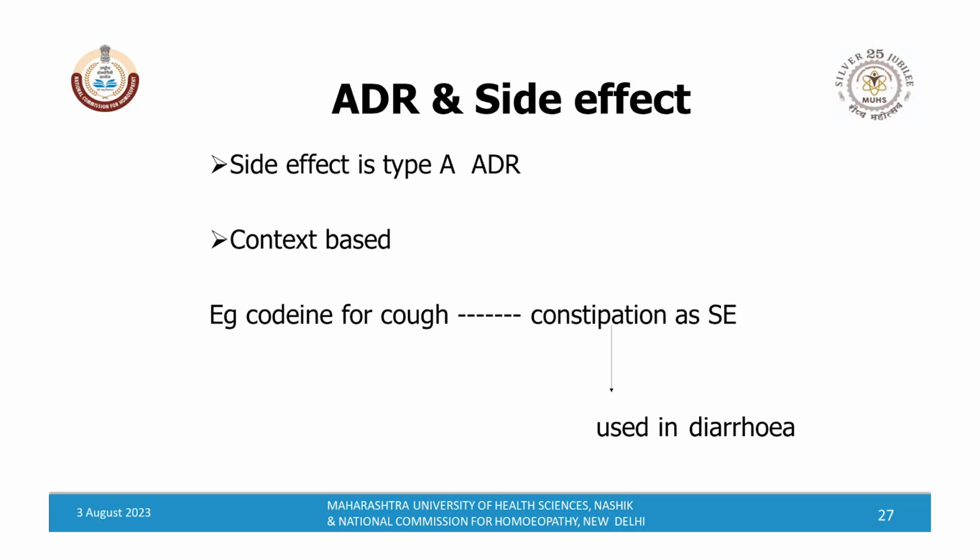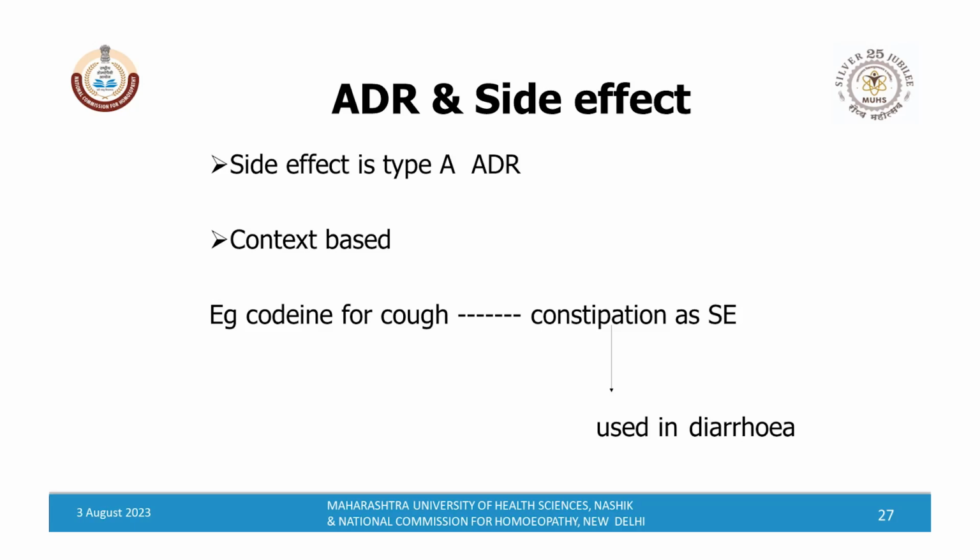Now, what do I mean by that? Let's again take one example. There is a drug called codeine, and this codeine has two main pharmacological actions. First, it suppresses cough, and second, it causes constipation. So when codeine is used to treat cough in a patient, that patient would complain of constipation, and that would be labeled as a side effect of codeine.